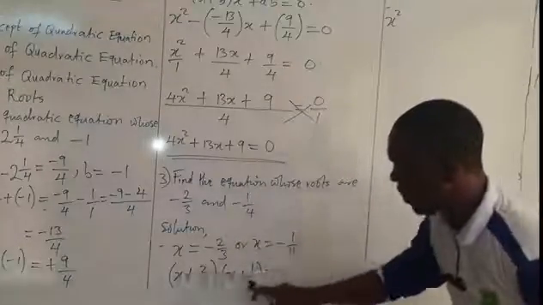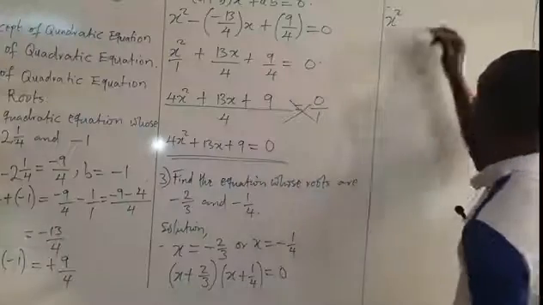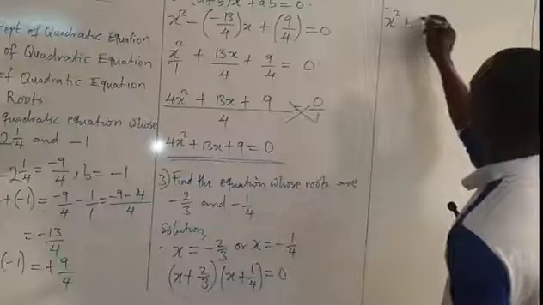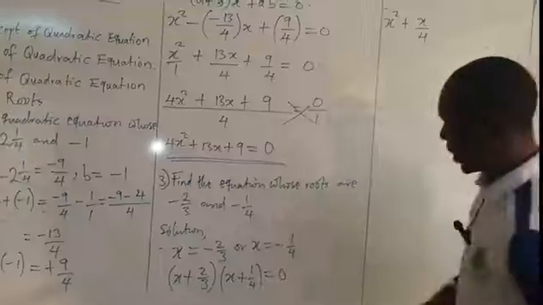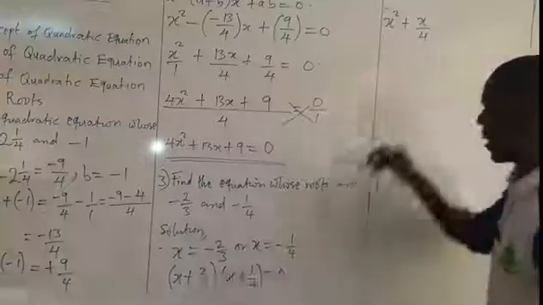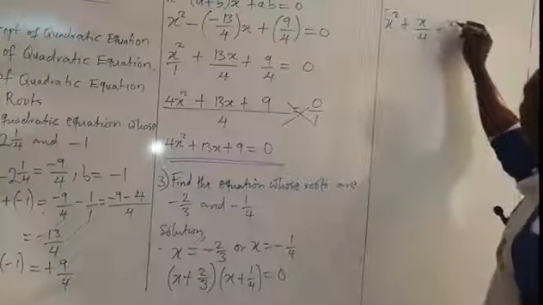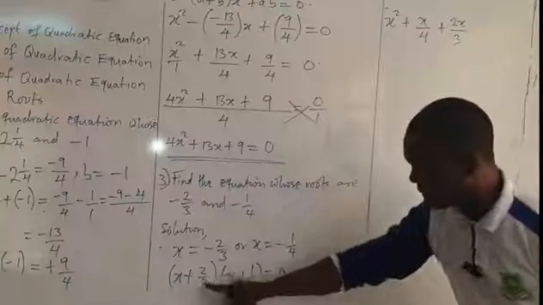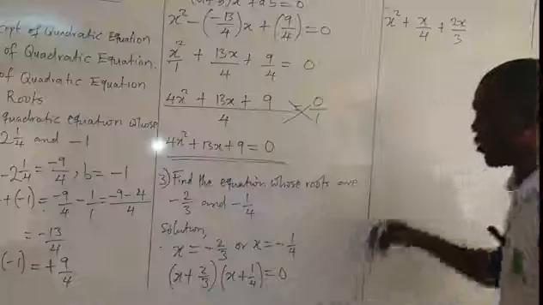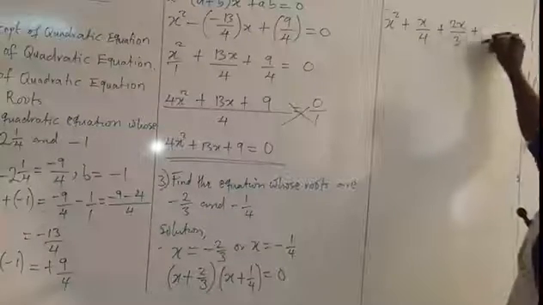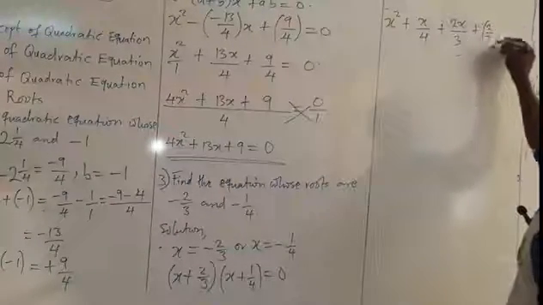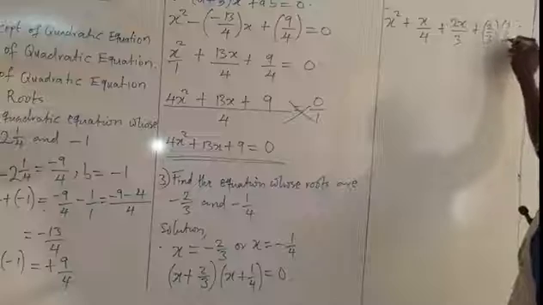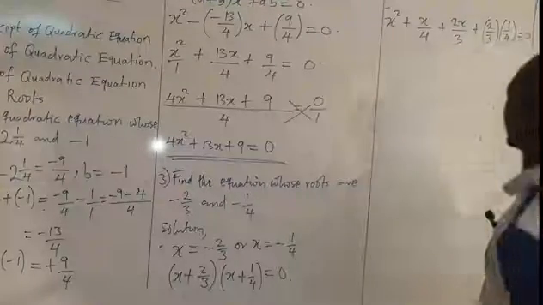Then x multiplied by 1 over 4 gives plus x over 4. Then 2 over 3 multiplied by x is plus 2x over 3. Then plus 2 over 3 multiplied by 1 over 4 equals 0.